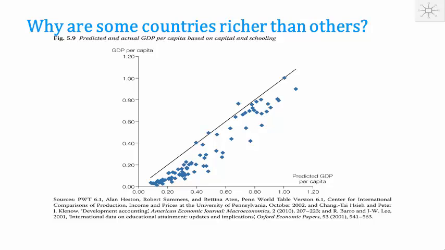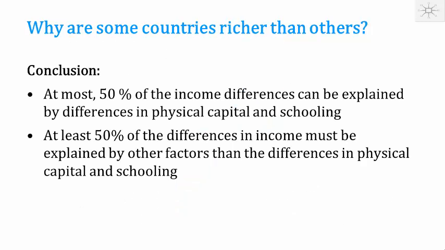On the vertical axis you have GDP per capita, and you see, well, there is clearly a positive correlation, but there are also large unexplained income differences. So yes, capital and schooling matter, but also other things. Studies suggest that at most 50% of the income differences that we see between countries can be explained by differences in physical capital stocks and schooling.